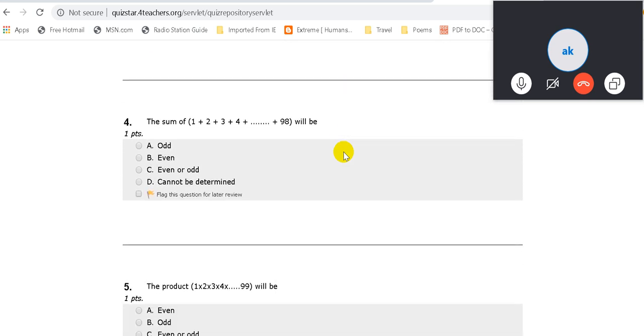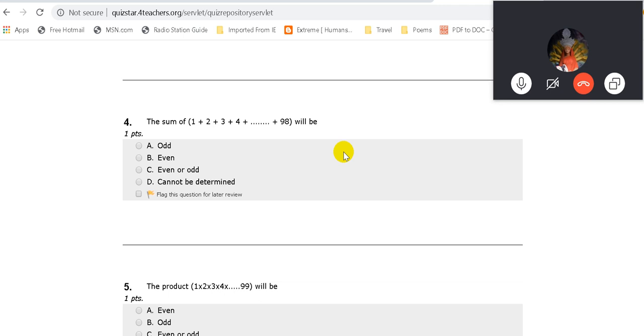Next one. The sum of 1, 2, 3, 4 up to 98 would be even or odd? Odd. Why? Sum of n natural numbers.